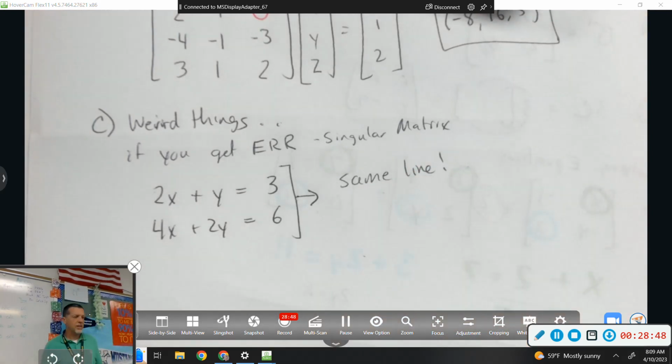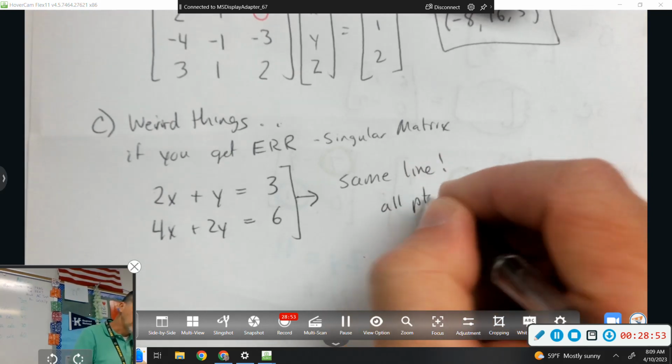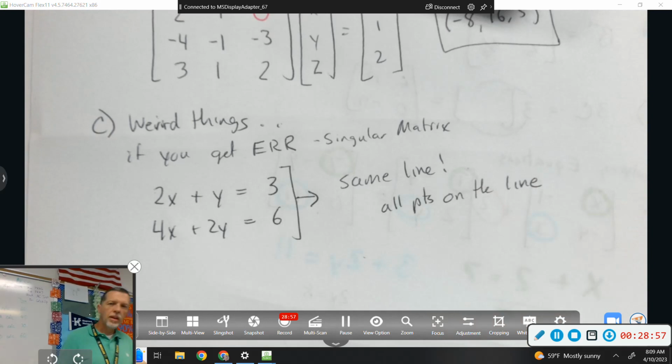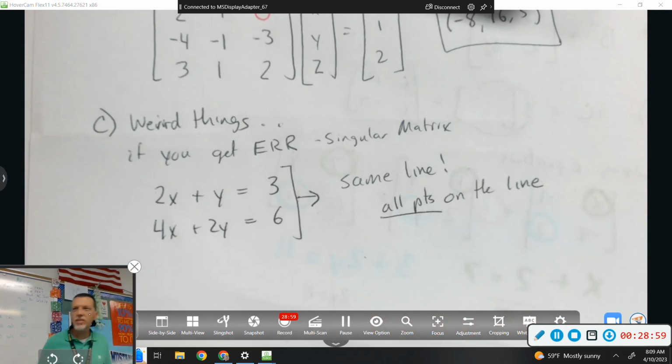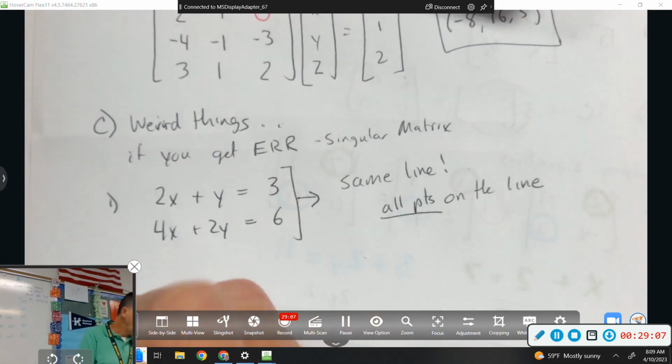Well, they intersect everywhere because it's the same line. And so the answer is all points on the line. Be careful. Don't stop with all points, because it's not all points everywhere. It's just all points on the line because it's the same line. So you kind of have to recognize that.